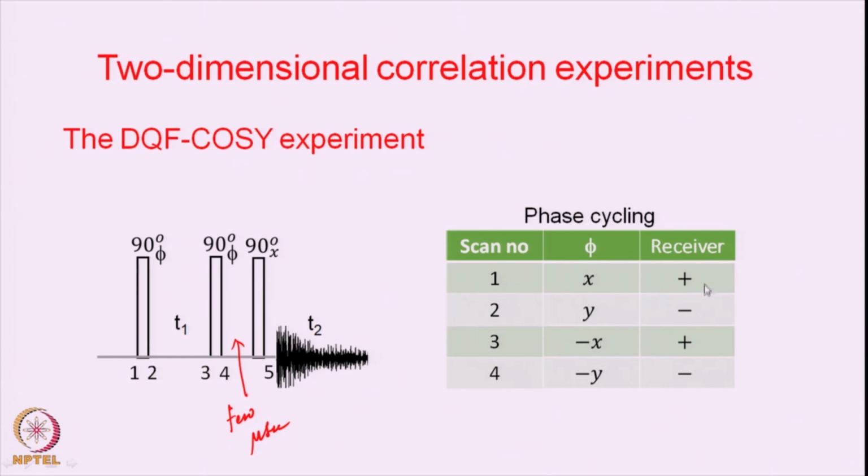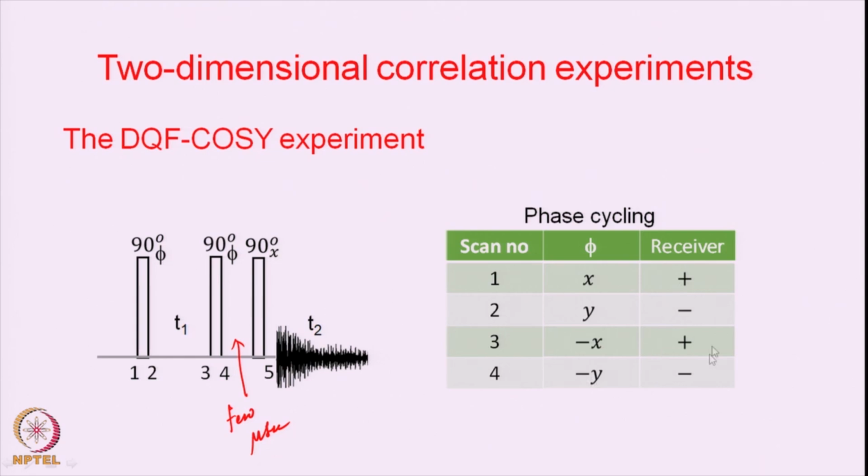Well, each one is an FID. This of course is collected in the receiver, as the plus sign means it is added, and the minus sign means the FID that comes here is subtracted, and the third experiment with these phases for the pulses is added, and here for the 4th experiment with this phase for the pulse it is subtracted.